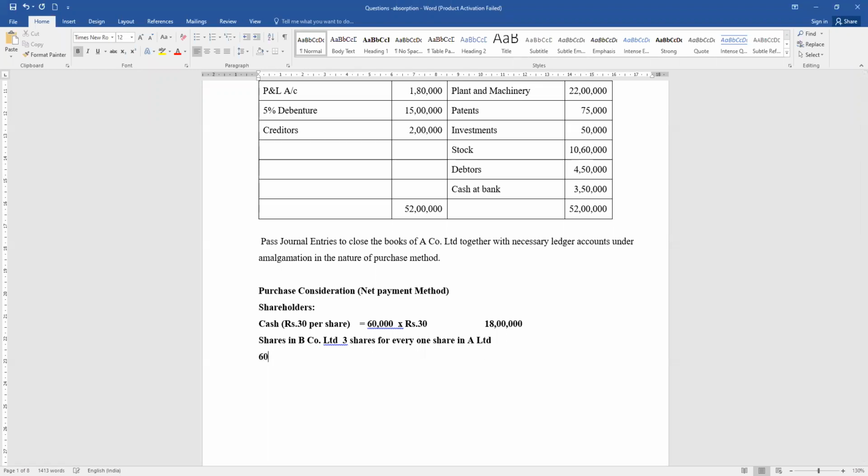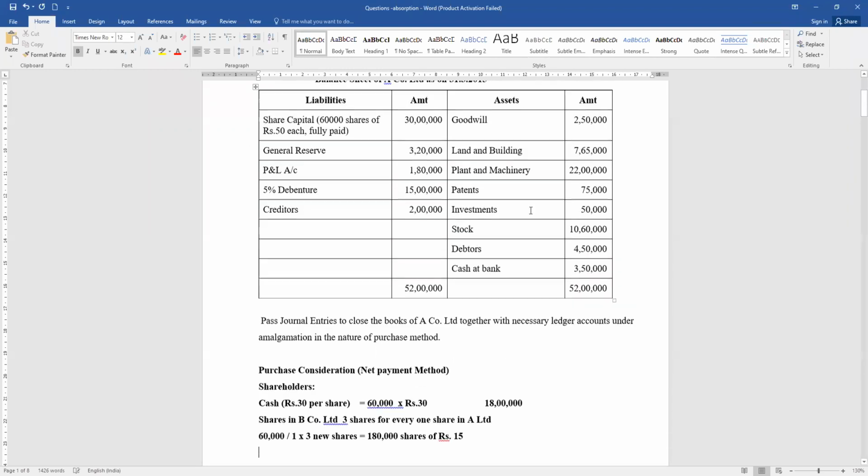So you have to take 60,000 shares divided by 1 share. Per share means 1 share into how many new shares they are going to give? 3 new shares. So equal to how many? That means 1,80,000 shares of rupees 15. Even though it is 10 rupees, it is issued at rupees 15.